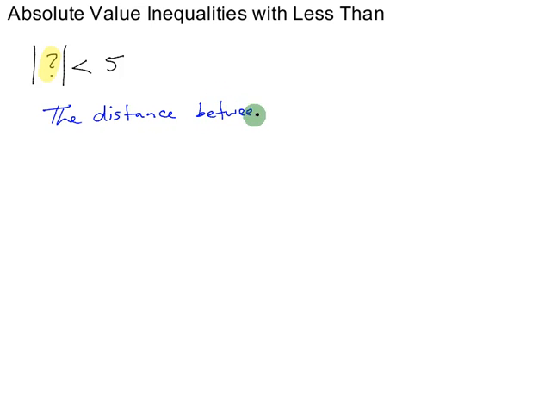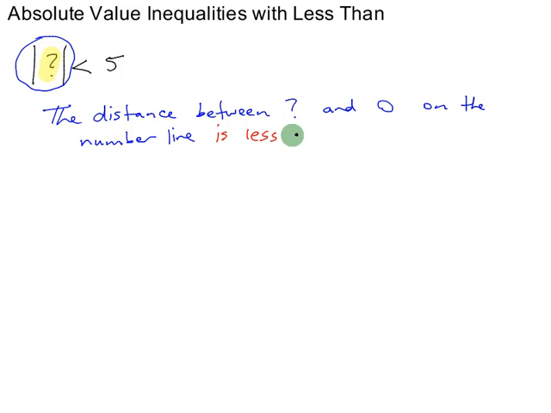That's the left side of this. That's what this whole thing means on the left side, right? The absolute value of question mark means the distance between question mark and 0 on the number line is less than 5 units. And of course that's what this red part here means, okay?